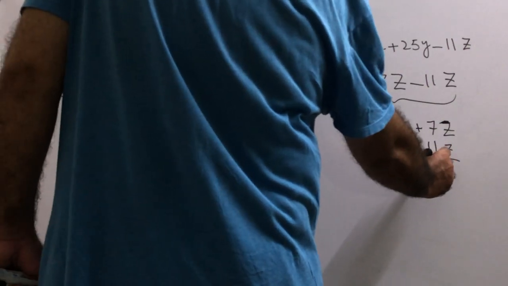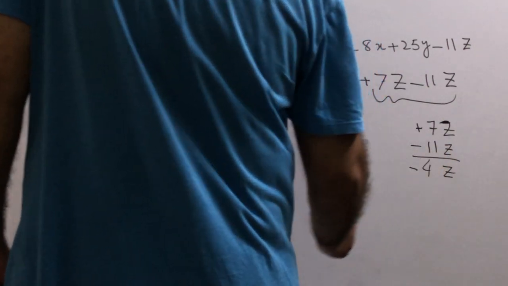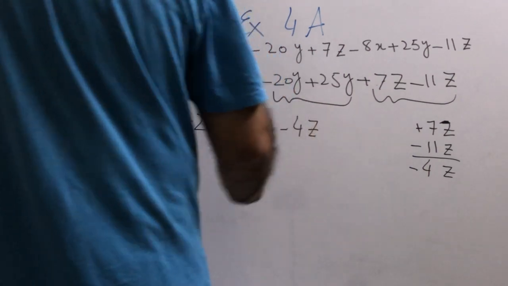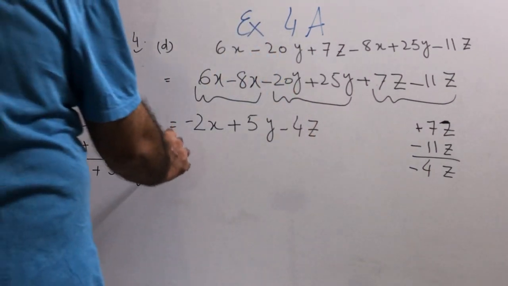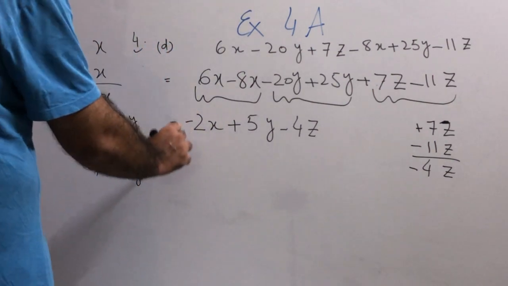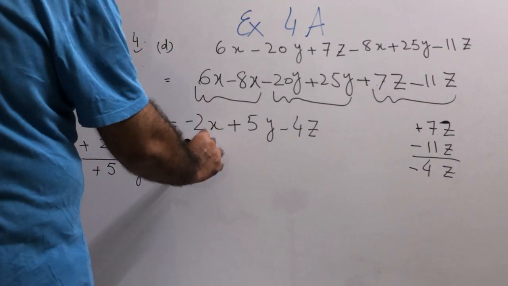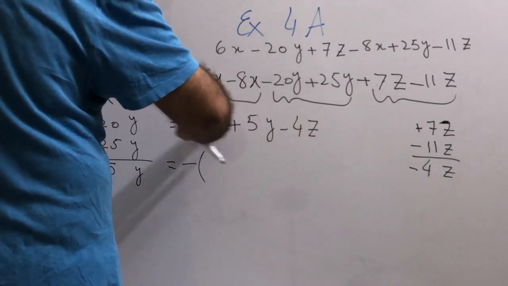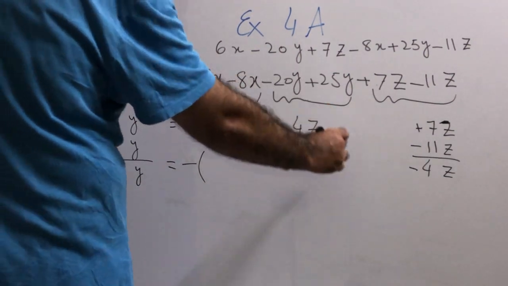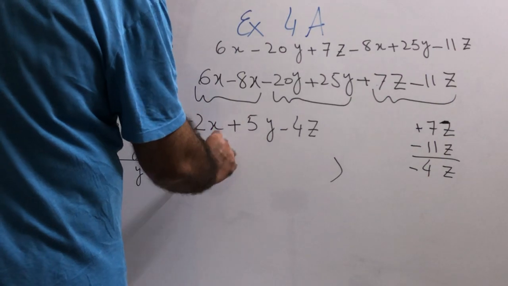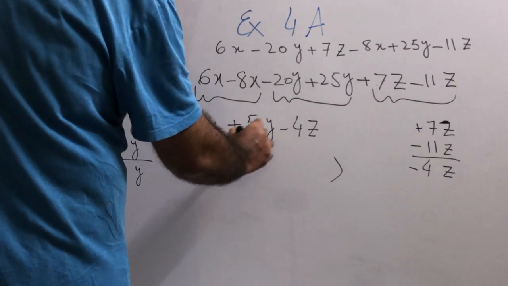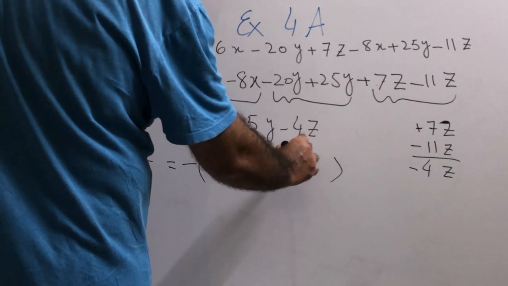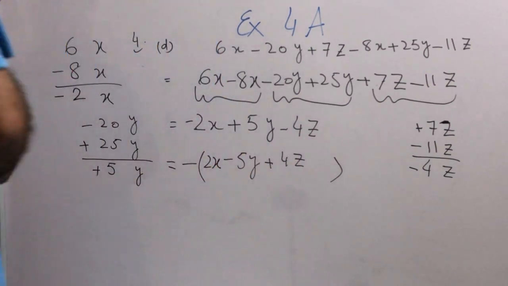So loan is $4. For the loan, put minus. So we say minus 4z. So this is the answer. If you want to take minus common, put minus here, and all the signs in this expression will change. This will become positive, this will become negative, this will become positive. This is how to take minus as a common.